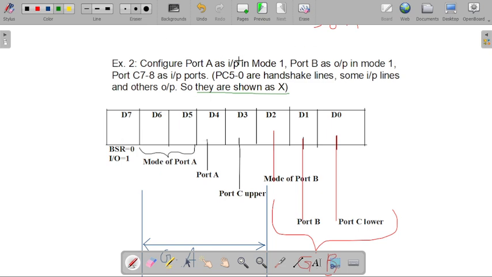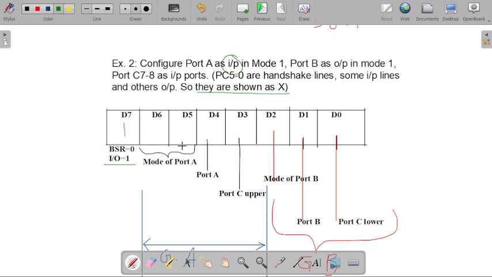In this example, the mode will be given as the input-output mode. So I am writing here 1 for our D7 bit, because for input-output mode we are setting 1 and for BSR mode we are setting 0. According to our example, the mode will be input-output mode, so our D7 bit is set to 1.